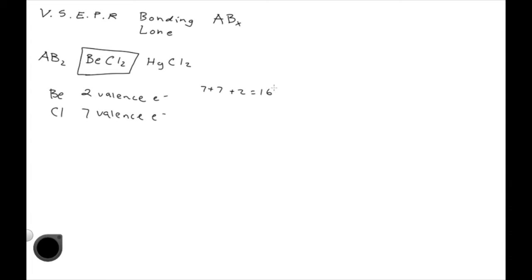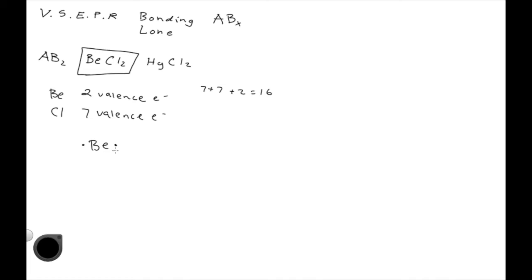And so we start with the central atom, in this case beryllium. We draw the 2 valence electrons next to it, and then we connect the 2 chlorine atoms to the beryllium atom so that they form covalent bonds.